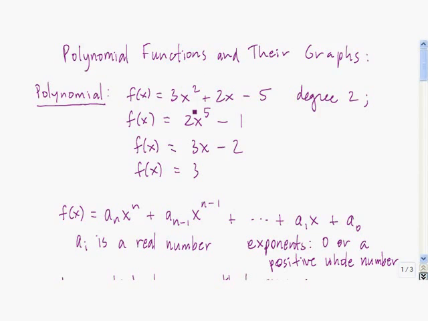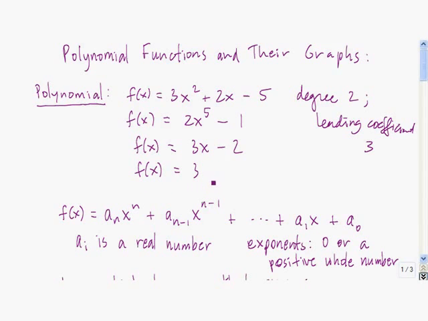This is the highest powered term, and so the leading coefficient is 3. For this guy right here, the degree is 5. The leading coefficient is 2. For this polynomial right here, the degree is 1, and the leading coefficient is 3.